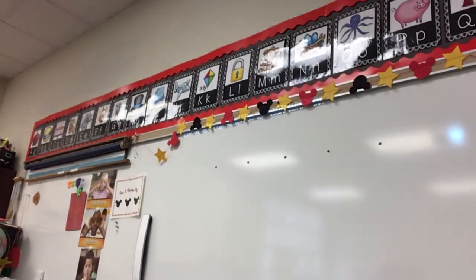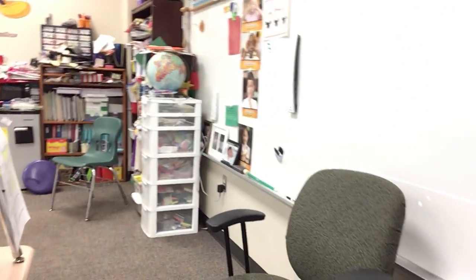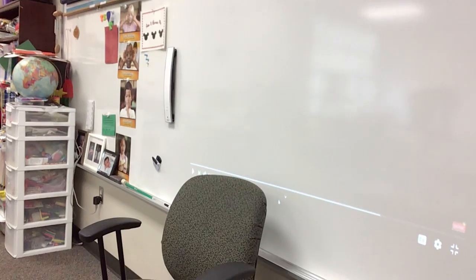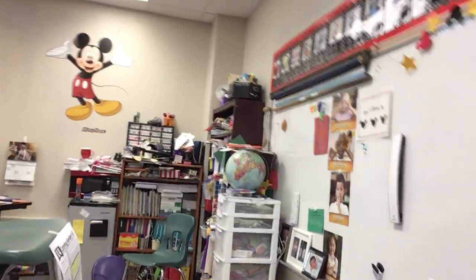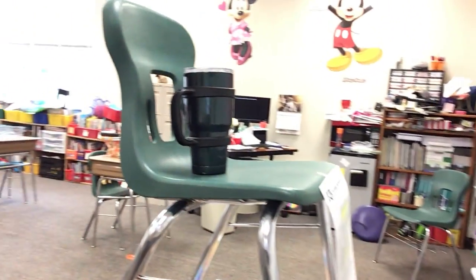And then when we read books and things, I have my chair up next to the whiteboard. Oh, there it is. Up next to the whiteboard so you can see what's going on. So I thought that was kind of funny. You would think it was really strange if you saw what was going on in here right now. So let me put this back up there so we can get going today.